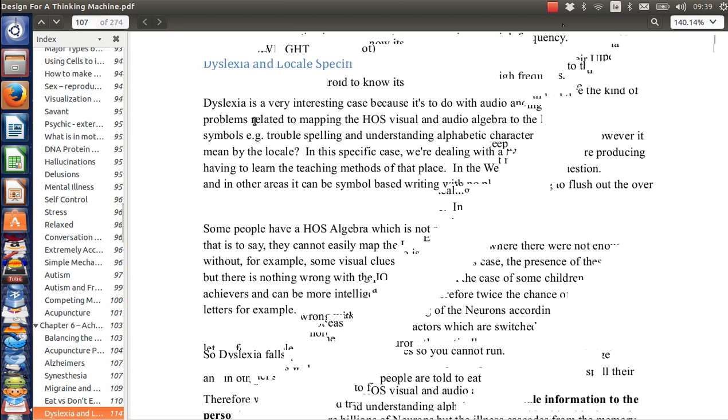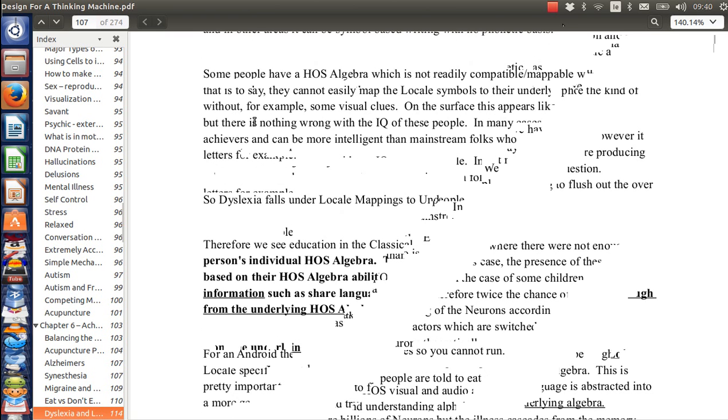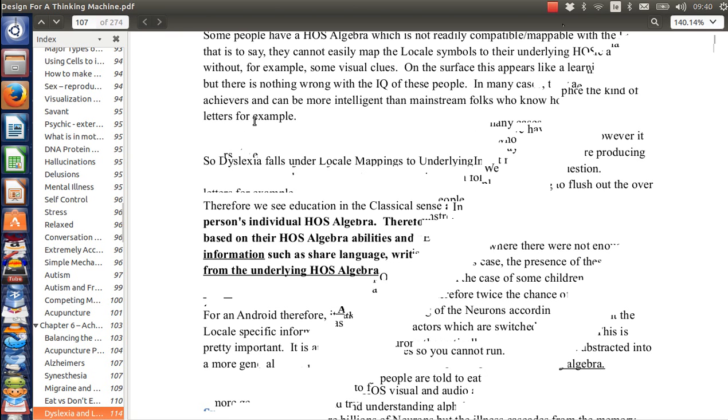So the idea is that the mapping mechanisms are slightly faulty in their brains, but their actual core ability to build a company, grow products, all that good stuff, is there because it's in the underlying ability of the individual.